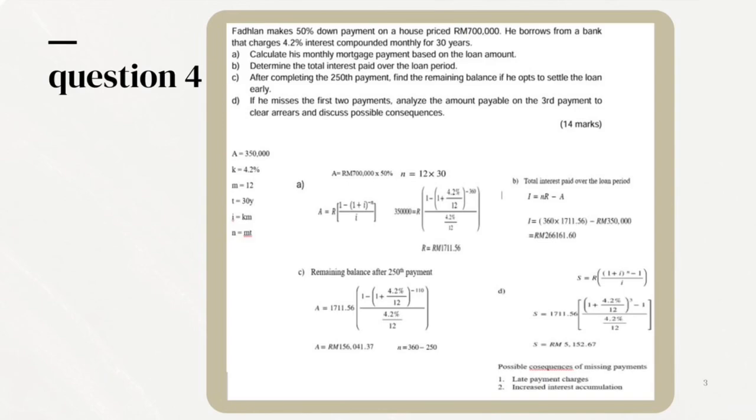As we know, Fadlan makes a 50% down payment on a house priced at 700,000. So we need to use the RM700,000 to get the unsettled amount. To get it, we multiply 700,000 by 50% down payment, so we get RM350,000.